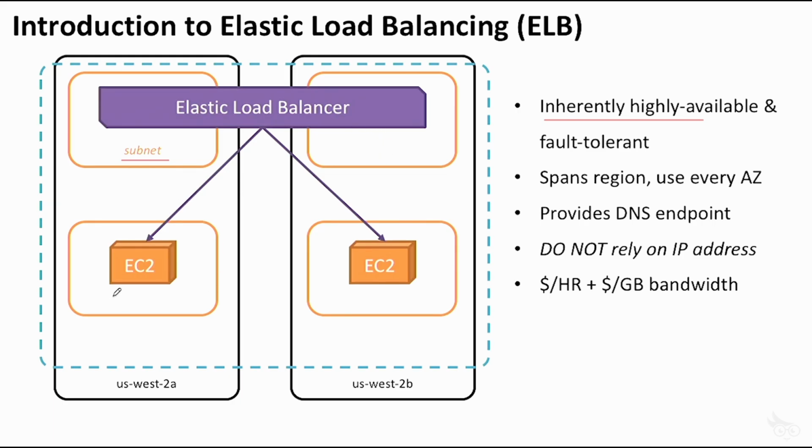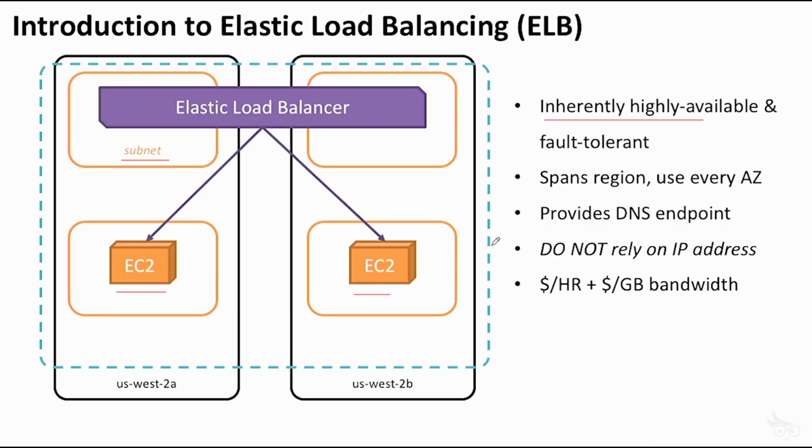We also have multiple EC2 instances behind our load balancer, also leveraging multiple availability zones, so that now we can say, going back to our very fundamental architectural question, what happens when this component fails? We could say, if this component fails, we have another EC2 instance that can continue to handle traffic. What happens when an availability zone fails? Well, we still have another availability zone. We can still continue to handle traffic.